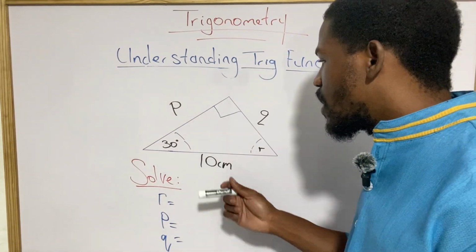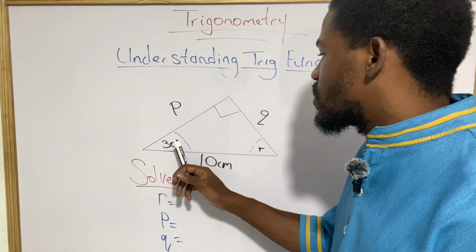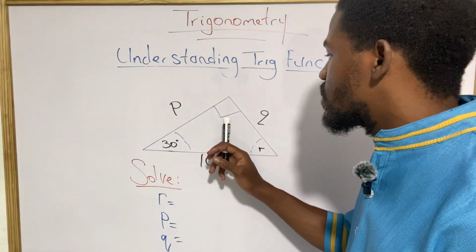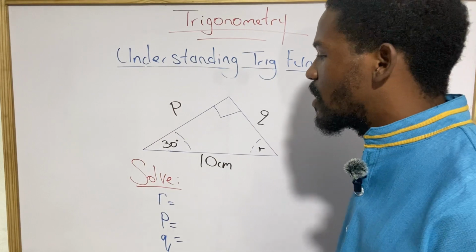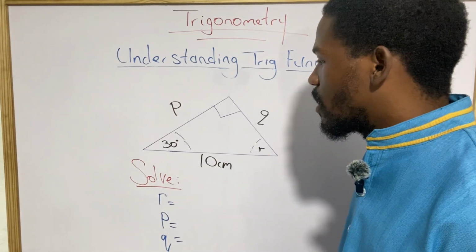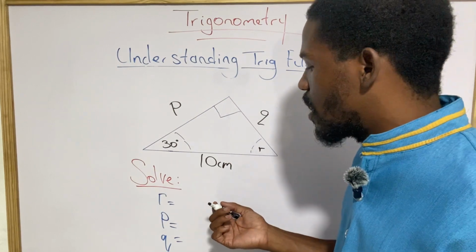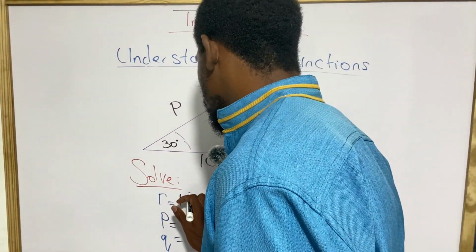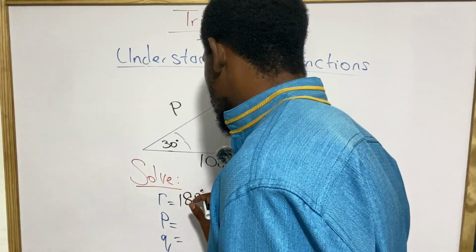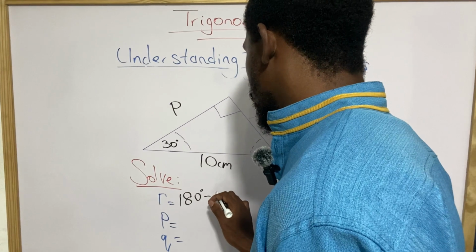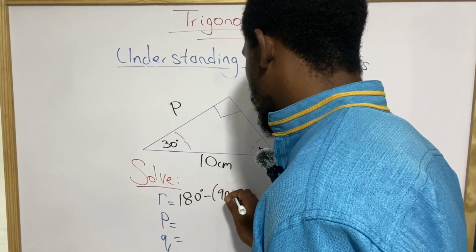So looking at R, we see that we have 30 degrees here, and here is my 90 degrees. We know that 90 and 30 is going to give me 120, and 120 is just 60 degrees less than 180. So R is just going to be 180 degrees subtracting the sum of 90 and 30, which is 90 and 30.